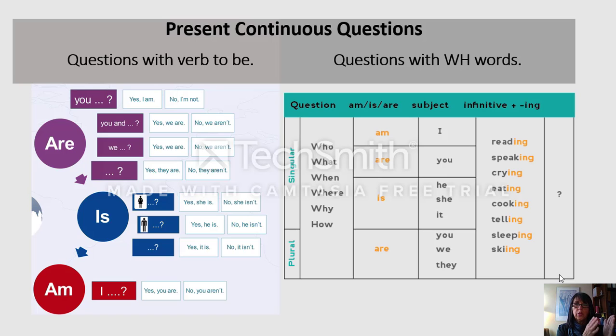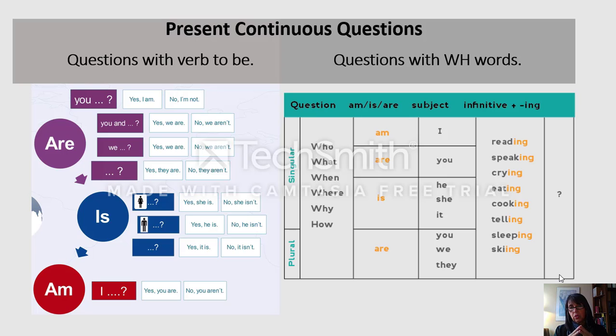The verb goes first, are, is, depending on which pronoun you are using, and then you're going to say, are they running? Is she eating? Am I sleeping? Okay, so that's one way of making questions with the present continuous.